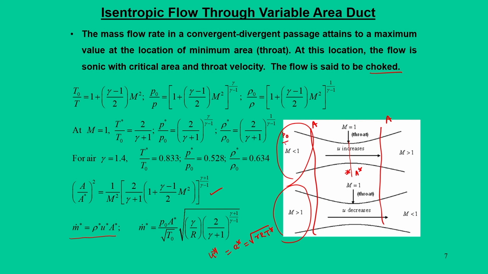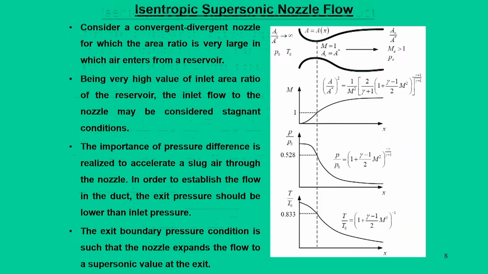At those conditions we say the stagnation pressure and temperature are P naught and T naught. So, the choked mass flow rate is now a fixed number, and it has nothing to do with any location except the throat.